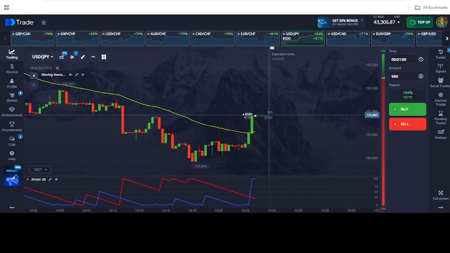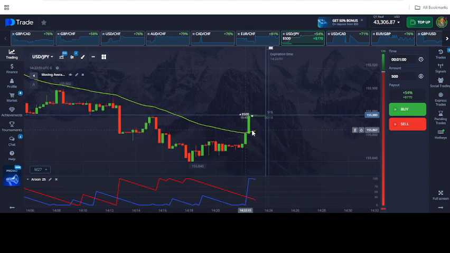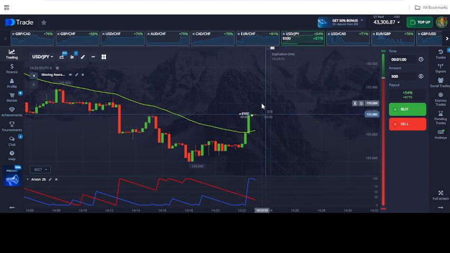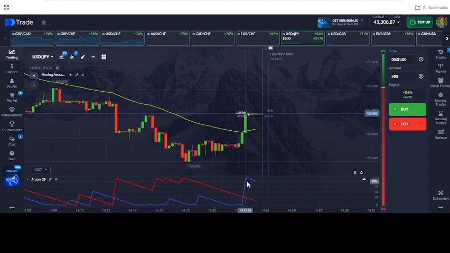Okay, so I'm on the US dollar Japanese yen, and I just took a buy trade here. And the reason why I took the buy trade, this candle here closed above the 50 EMA line, suggesting the start of a bullish trend here to the upside. And secondly, the blue Aroon up line crosses over the red Aroon down line in an upward direction here.